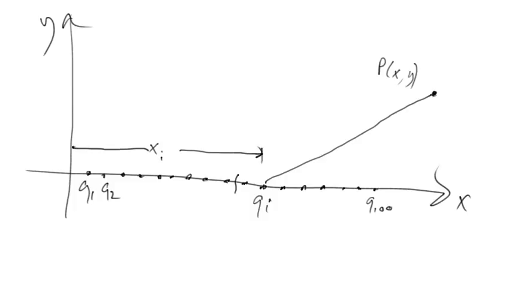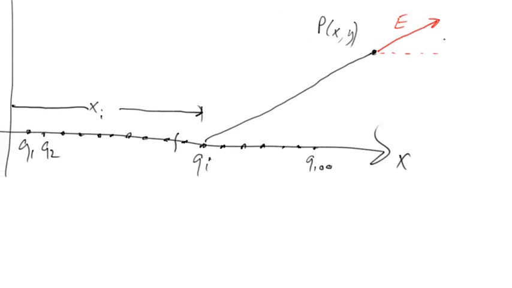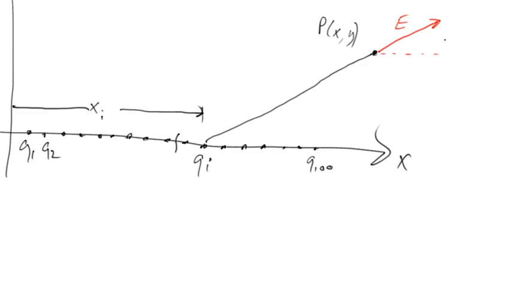And this one particle creates an electric field which is that way. And that electric field can be broken up into components. So draw a vector component diagram. This being the x direction, that the y direction. So there's the electric field.